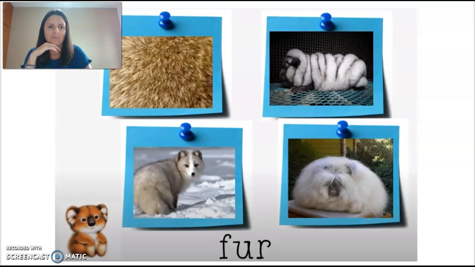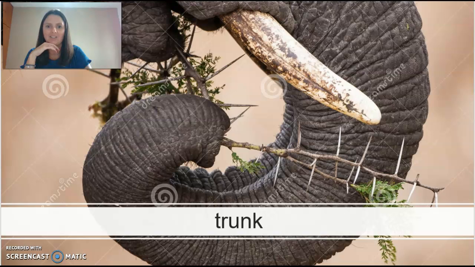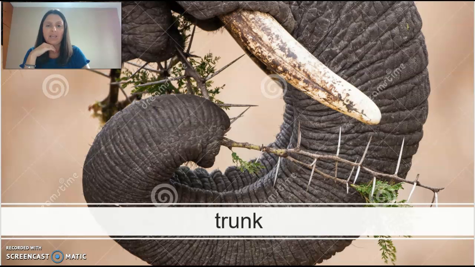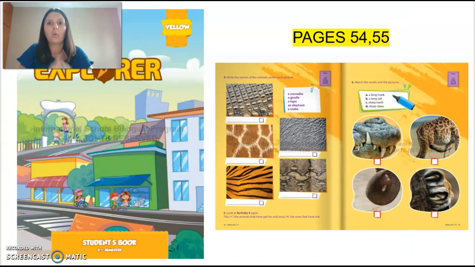Fur. Oops, I'm sorry, it was too fast. This is the trunk, okay? The part of the elephant. Trunk and scales. Now we are going to pages 54 and 55, okay?